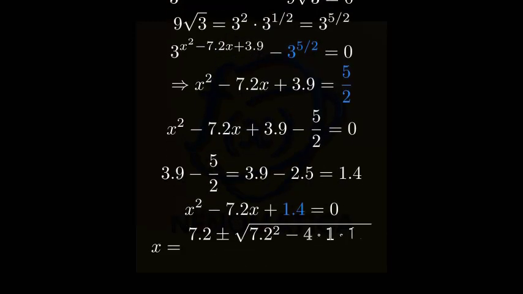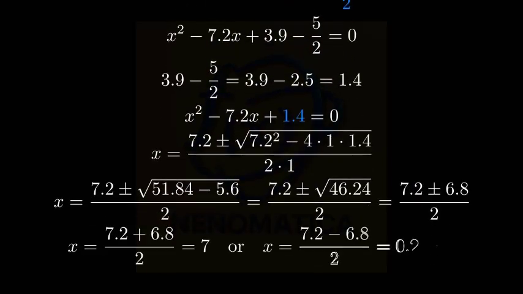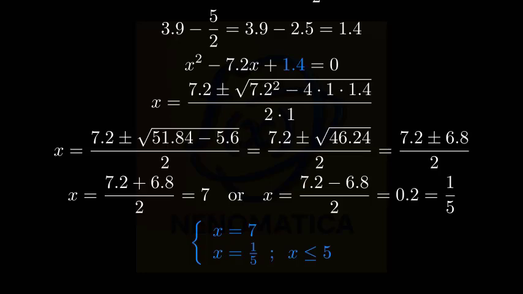Now, we need to solve this quadratic equation. Using the quadratic formula, we find that x equals 7 or x equals 1/5. Remember our domain constraint, though: x must be less than or equal to 5. Since 7 is greater than 5, we need to check if it's a valid solution by plugging it back into the original equation.